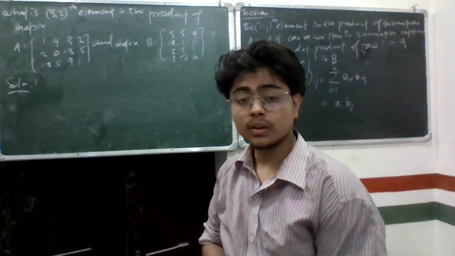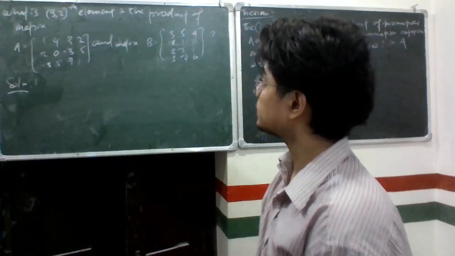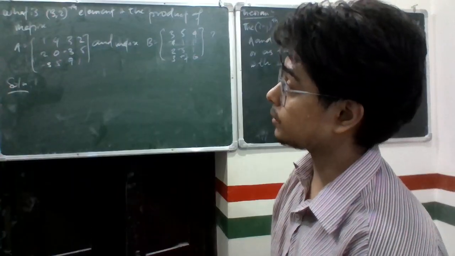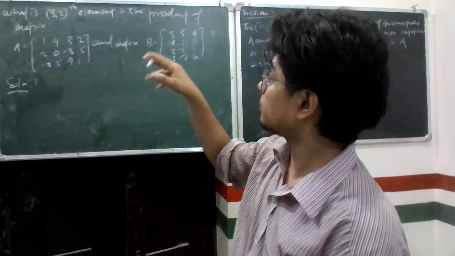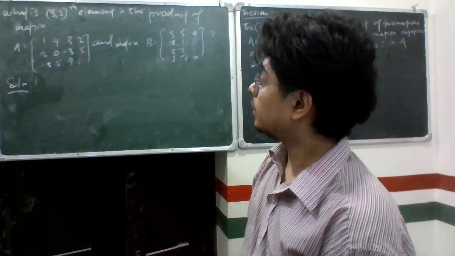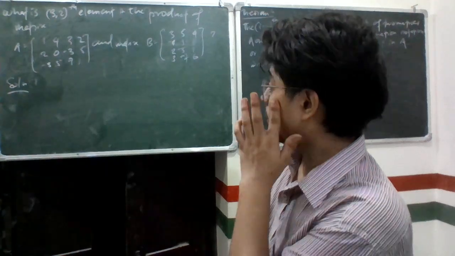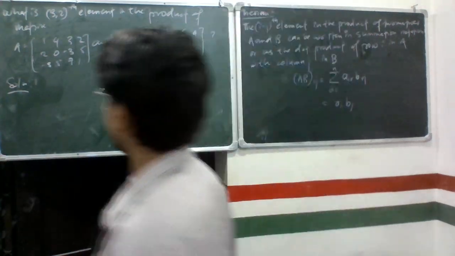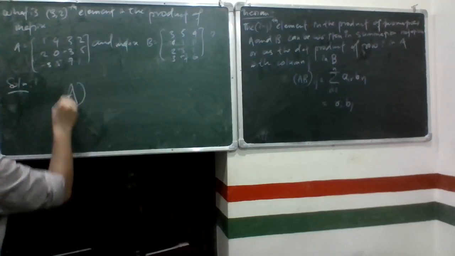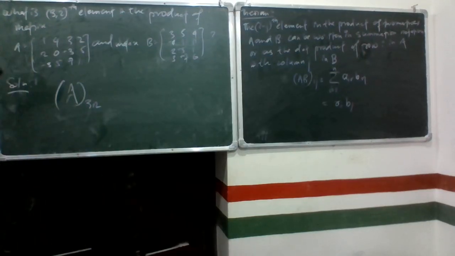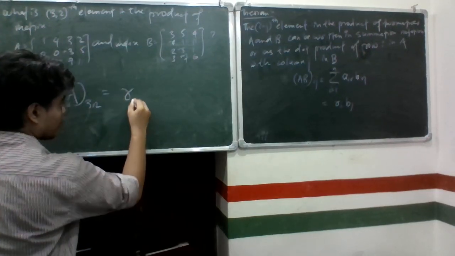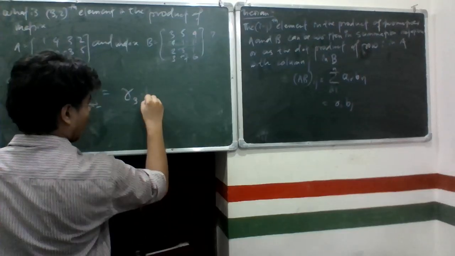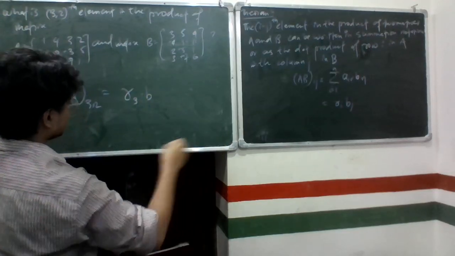Now for an ordinary person, it seems very difficult or very tedious, because we have to find the product of this whole matrix. But from this theorem, we can just say that the 3-2 component is just the dot product of the third row and what?